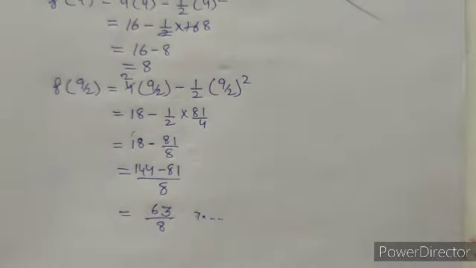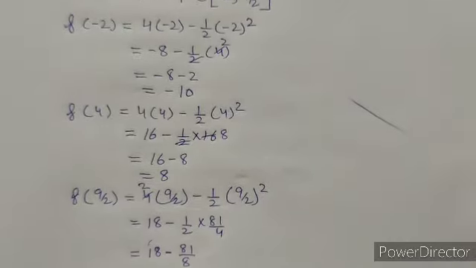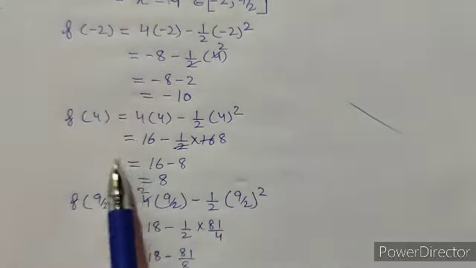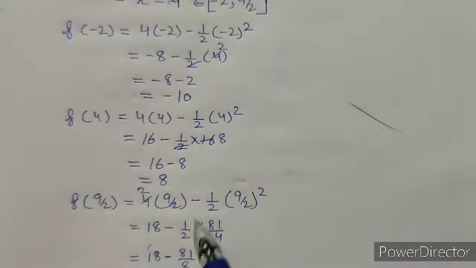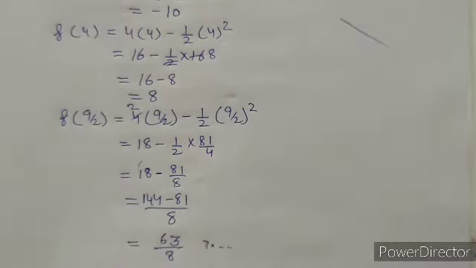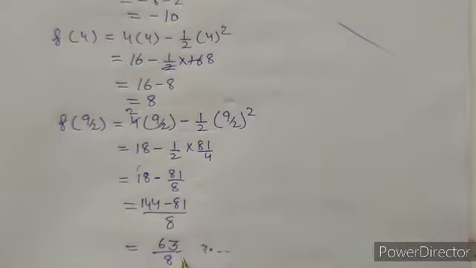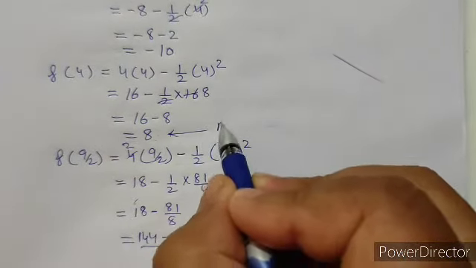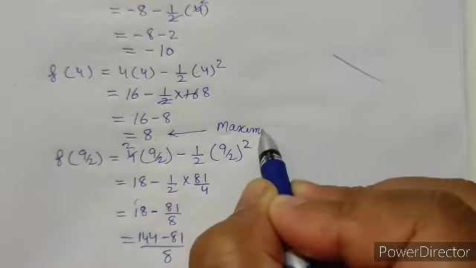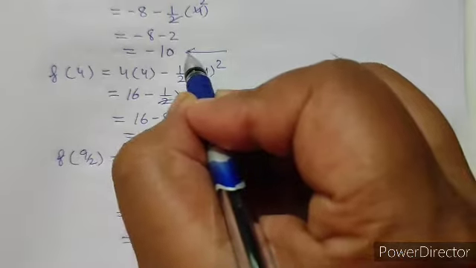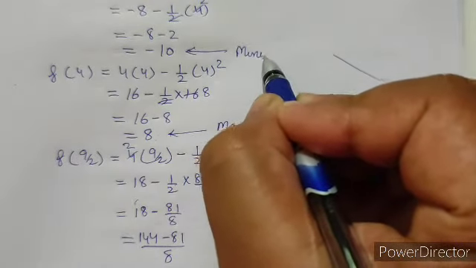Now as you see here, we have obtained three values of f(x) at the points minus 2, 4 and 9/2. One is minus 10, another one is 8, and the third one is 63/8. Now the maximum value out of these three is 8, and minus 10 is the minimum value.